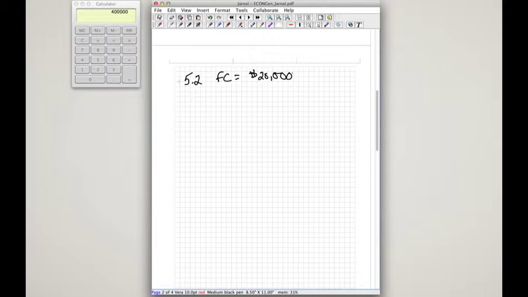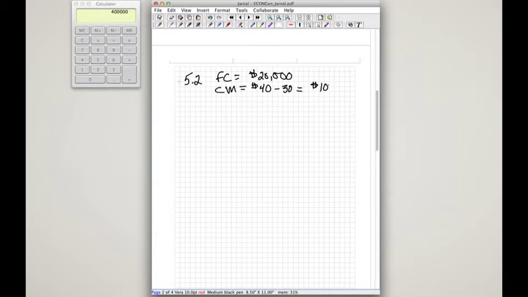Now in this case, they first tell us that variable costs are going to be $30 per unit. And James Penns is considering selling each unit for $40. And the question is, if we can sell the product for $40 and it costs $30 for each unit in variable costs, that suggests each unit is going to contribute $10 of margin.